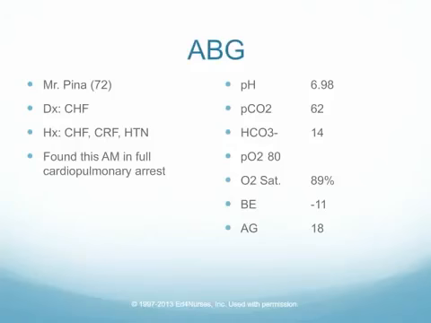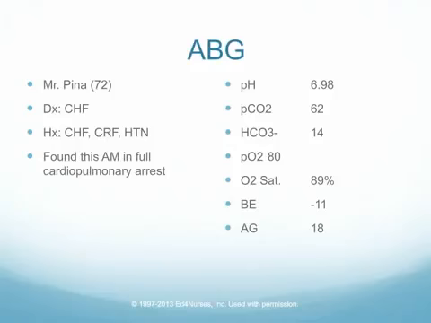An elevated CO2 indicates that our patient has an acidosis. Right, now let's look at the bicarb. Bicarb of 14. Decrease in our bicarb also indicates an acidosis. So what we have going on here is we have both a respiratory and a metabolic acidosis occurring in our patient. And that's why the pH is so terribly low, because we have a combined acidosis.